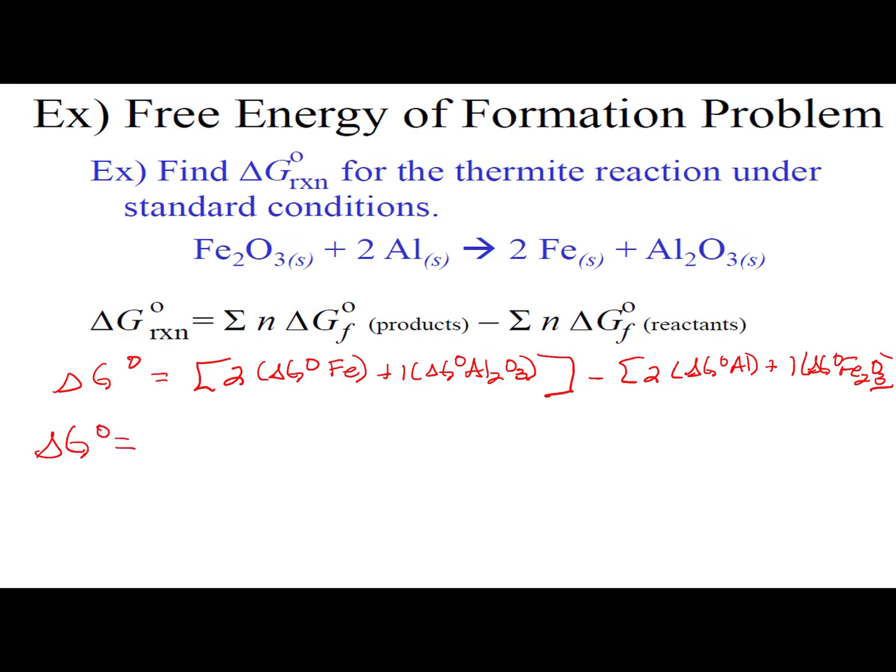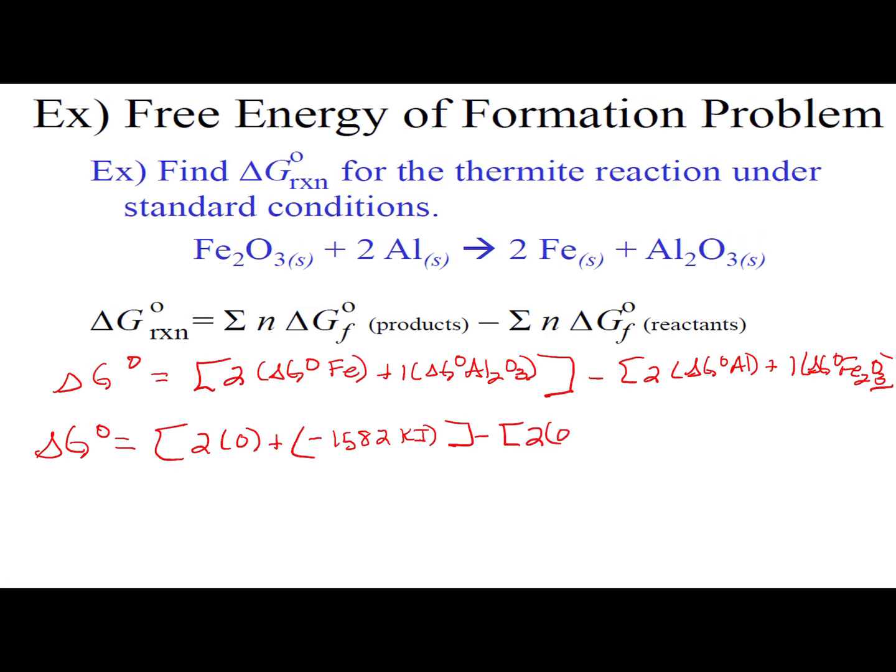Okay, and to plug in values then, iron is in its elemental form, so it'll be 2 times 0 plus 1 times, and look this up in the back of your textbook. Make sure you get these same values. The delta G for Al2O3 is negative 1582 kilojoules.